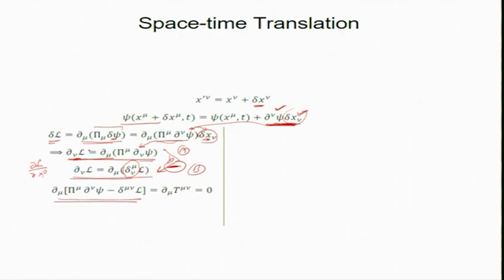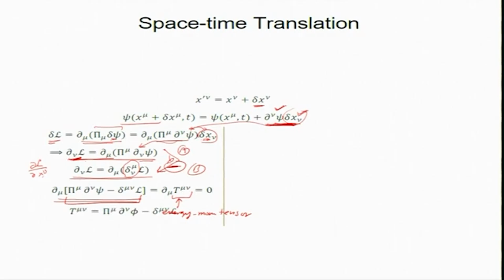Right now I am not equating this to 0, but I am just subtracting these two. And I get by definition 0, and this object is called the space time energy momentum tensor. So, that is a derivation of the energy momentum tensor.